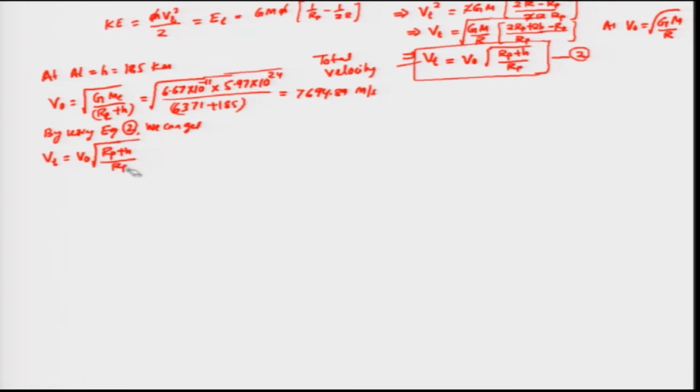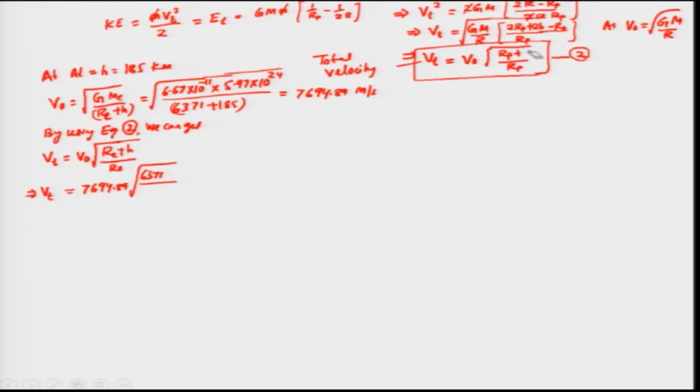Basically, it is not R p, you can say this is R e, because we are considering the earth. And when you substitute these values, V naught is 7,694.89, root over of that 6,371 plus 2h.